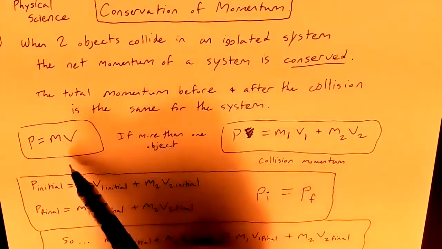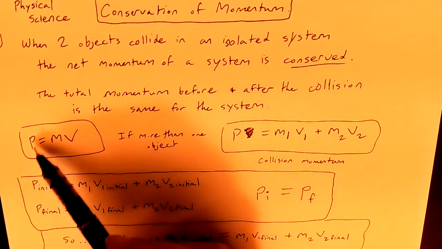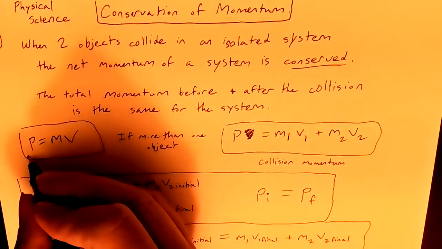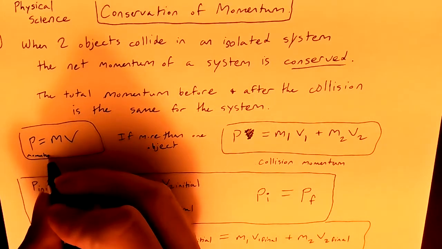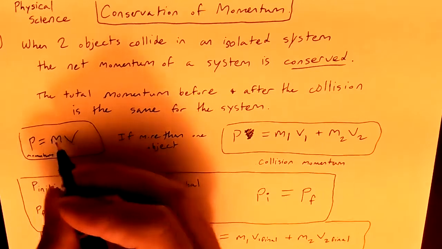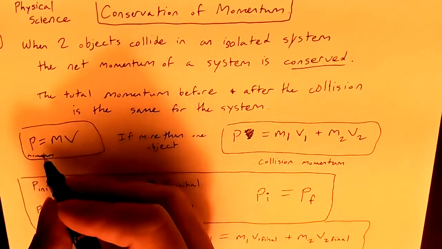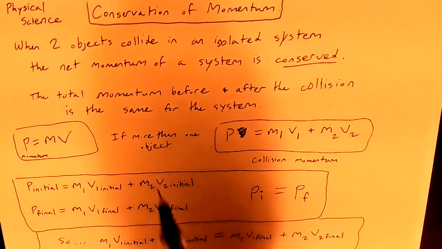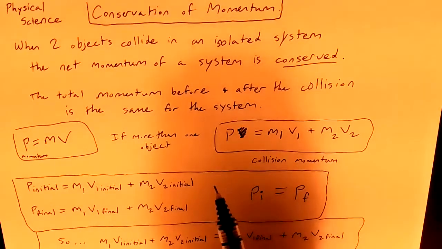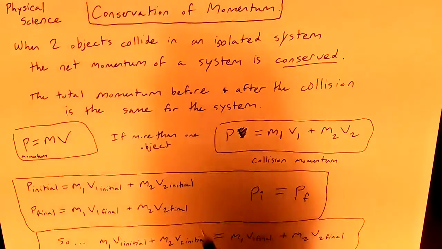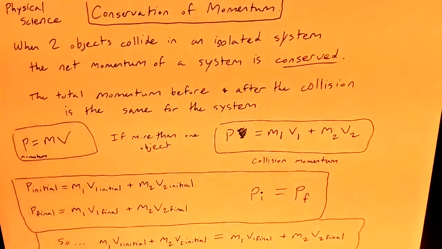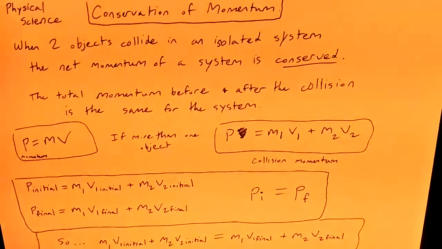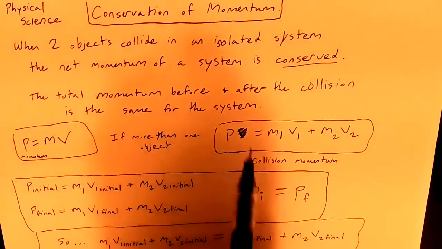And how we get that is we know that momentum, which we put as P, equals mass times velocity for an object. But when there is more than one object in a situation, like a collision, when two objects collide, you can add up their momentums.